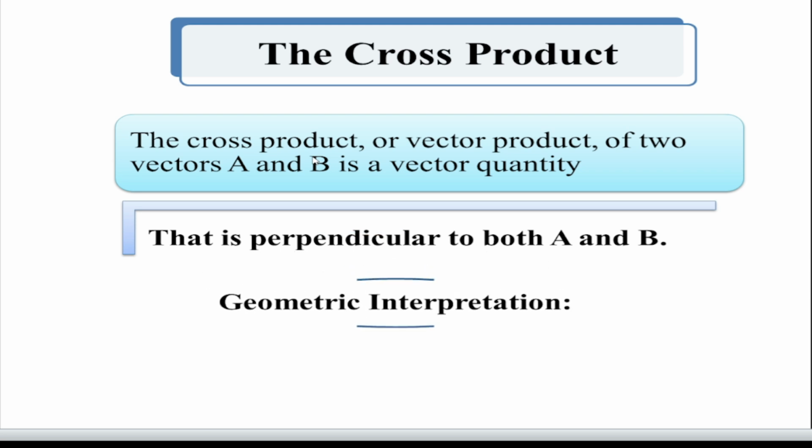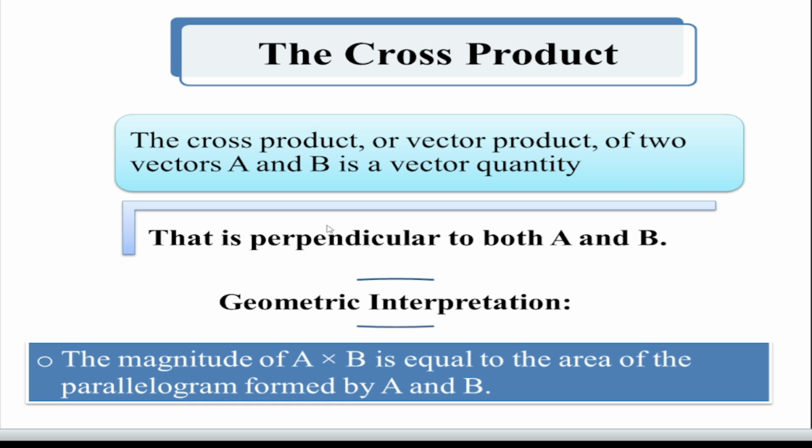Geometric interpretation. The magnitude of A cross B is simply the area of the parallelogram.